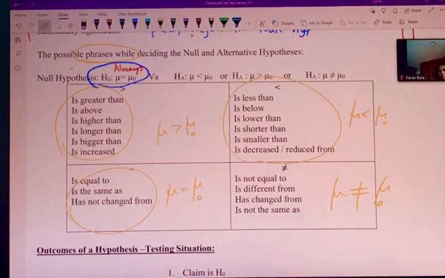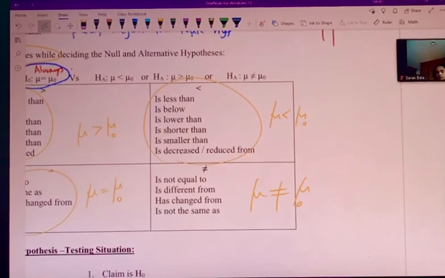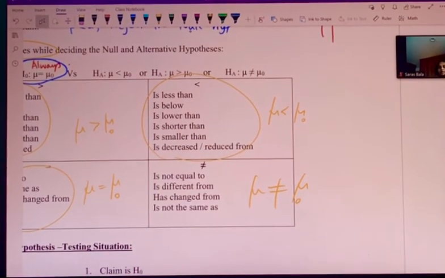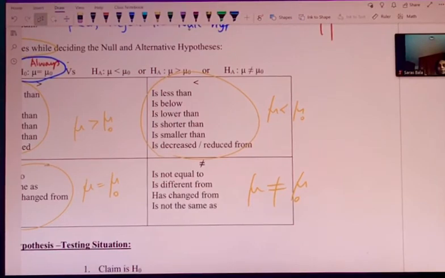These indicate your alternate hypothesis is going to be greater. Coming to not equal to, you will see phrases like is not equal to, is different from, has changed from, is not the same. That indicates your alternate hypothesis is going to be not equal to. Always the null hypothesis is going to be mu equal to mu sub 0.